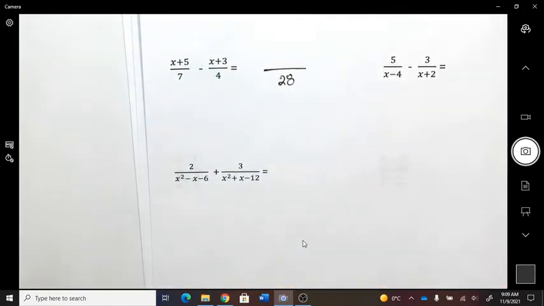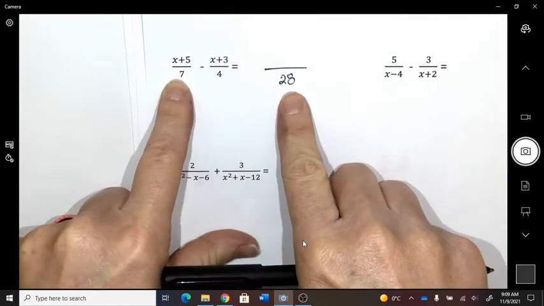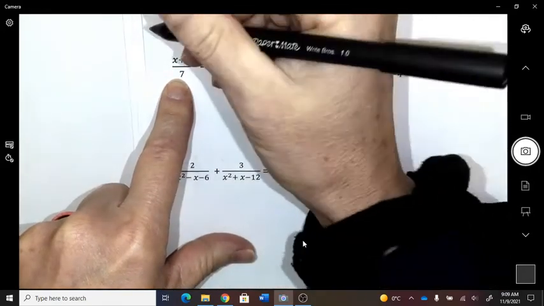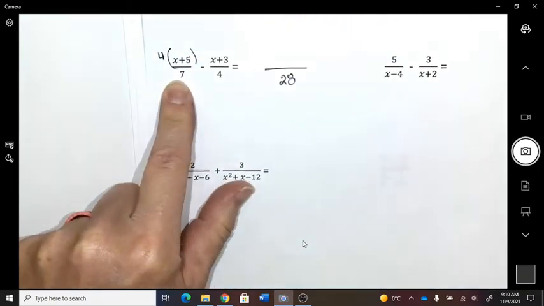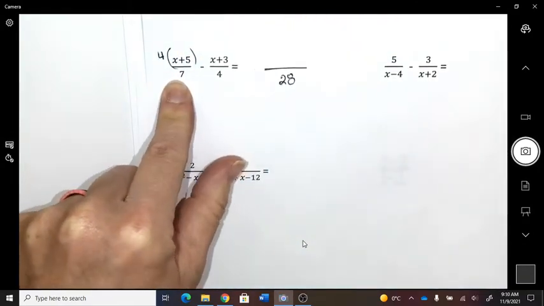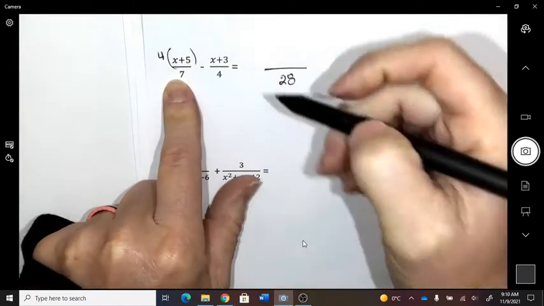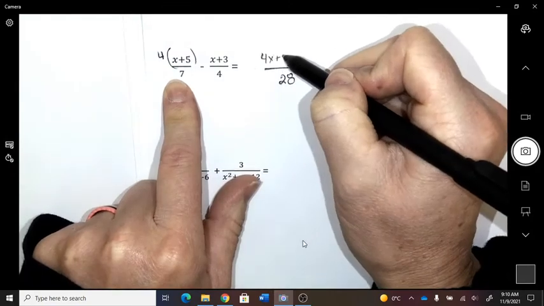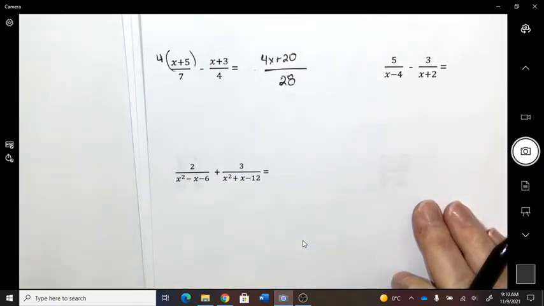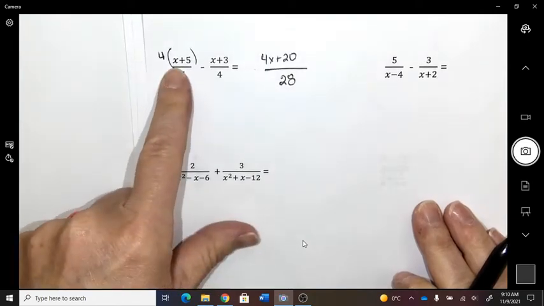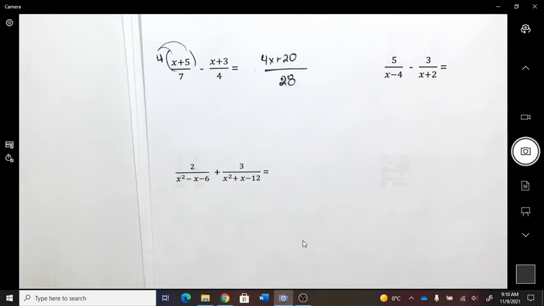Okay, so if I turned this fraction, so a 7, into a 28, I would have to times it by 4. So I'm also going to times the top by 4. Okay, do you notice that I'm going to times everything by 4? I'm not just timesing the x, I'm doing the whole top is going to get timesed by 4.